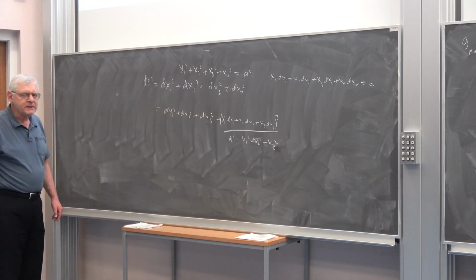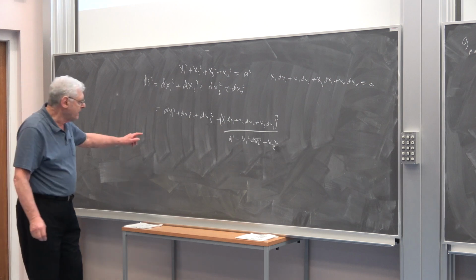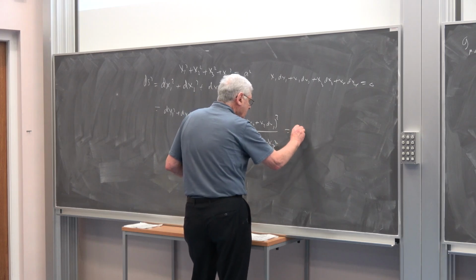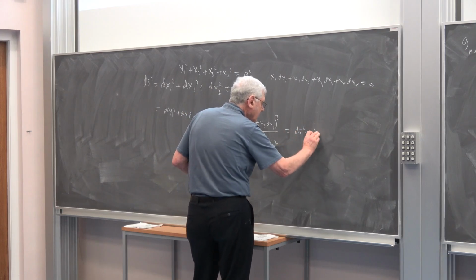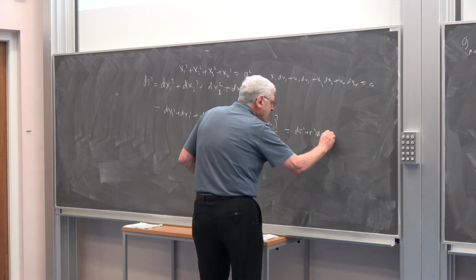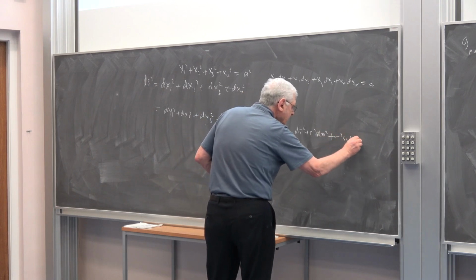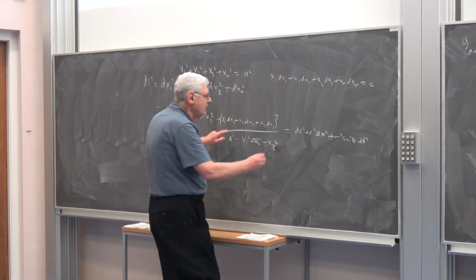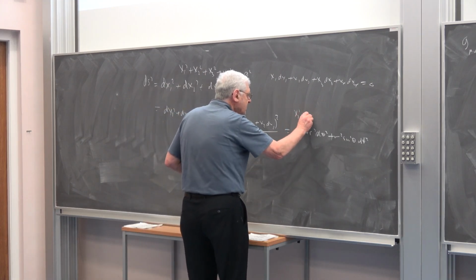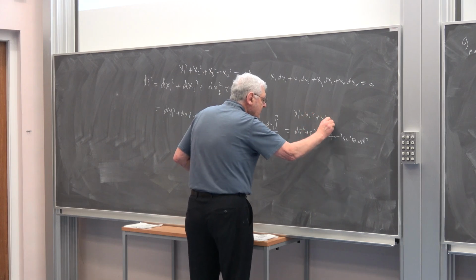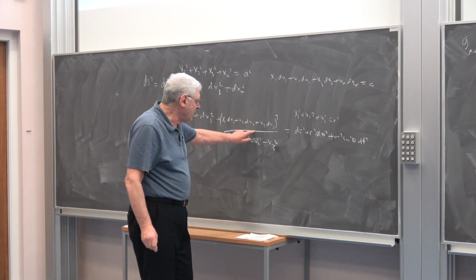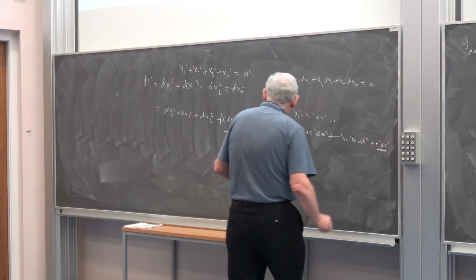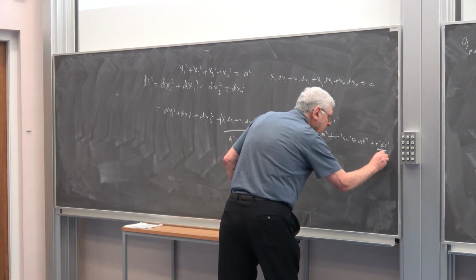And now we can put this into polar coordinates to make it look a lot simpler. Well, dx1 squared plus dx2 squared plus dx3 squared, we know what it is. It's dr squared plus r squared d theta squared plus r squared sine squared theta d phi squared. And now this term here, if I were to, in a 3 space, write x1 squared plus x2 squared plus x3 squared equals r squared, then that's just r dr. So that's plus r squared dr squared over a squared minus r squared.